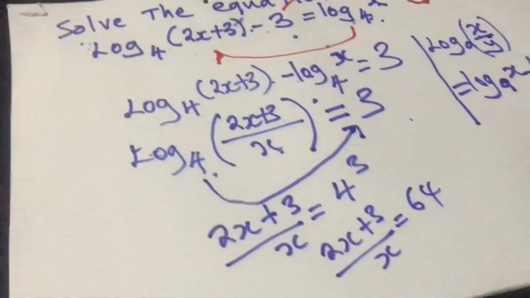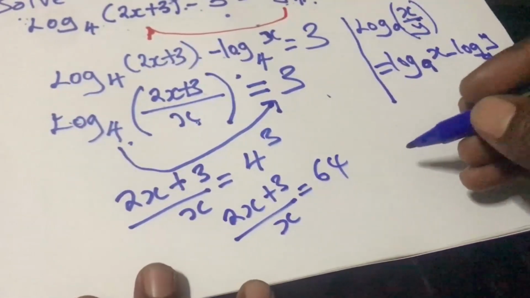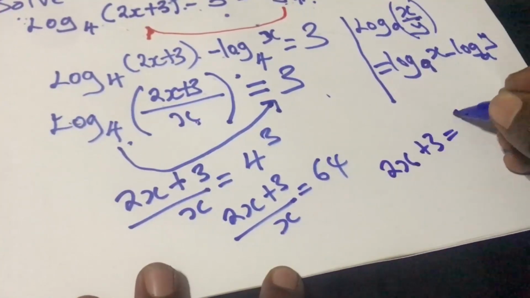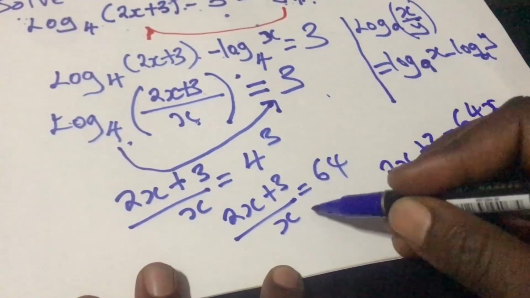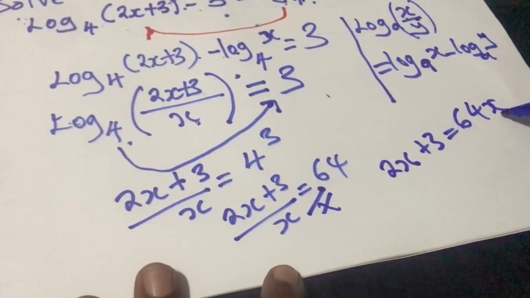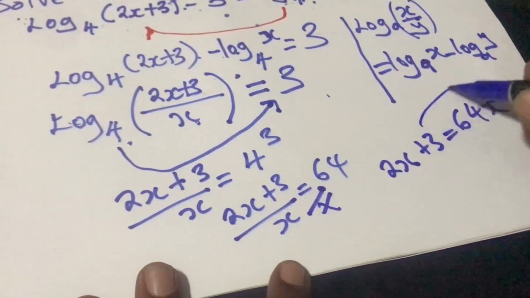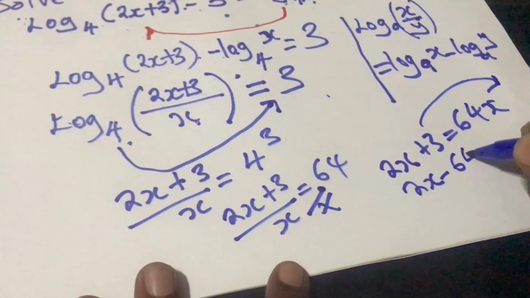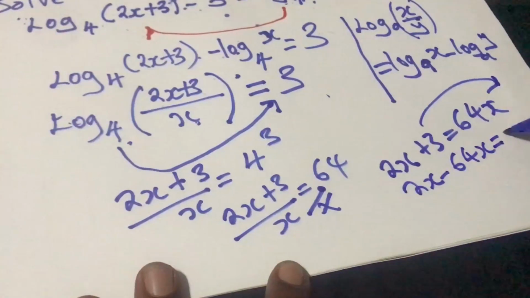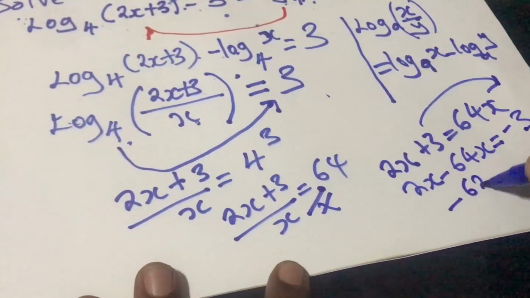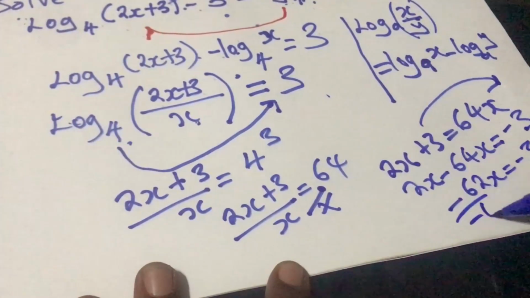Then now you can go ahead and solve for x. So you know that 2x plus 3 will be equal to 64x when you multiply this times that, isn't it? Then the 3 will come this side, so that you are going to have 2x minus 64x is equal to negative 3. Negative 62x is equal to negative 3. Divide both sides by negative 62.